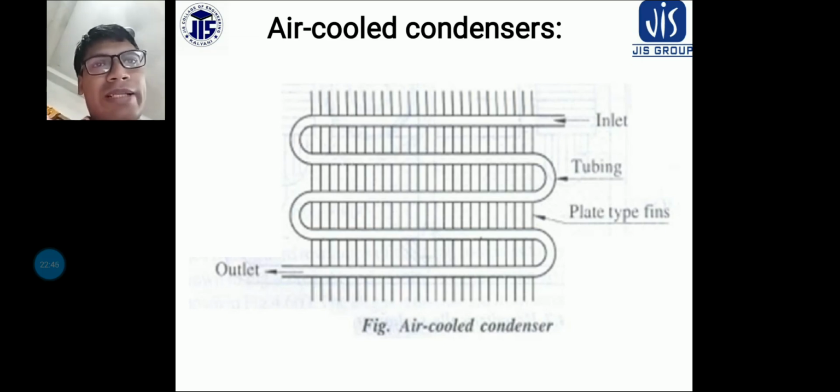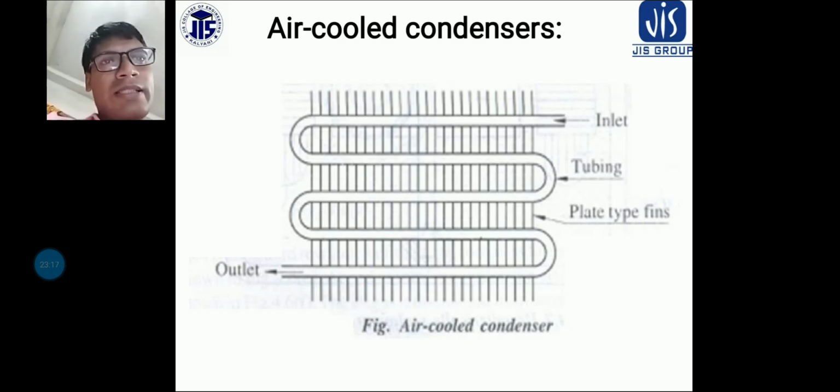So how it is working and what is the phenomenon, let us discuss. You know that since heat can flow only from a higher temperature medium to a lower temperature medium, the temperature of the condensing medium determines the condensing temperature. Okay, so the condensing temperature is the temperature at which the refrigerant gas turns into liquid state in the condenser.